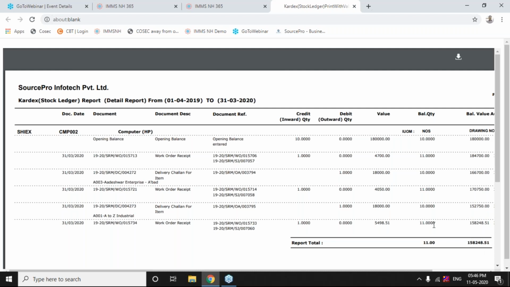Sunil, can you show two things, work order routing slip and work order receipt print?